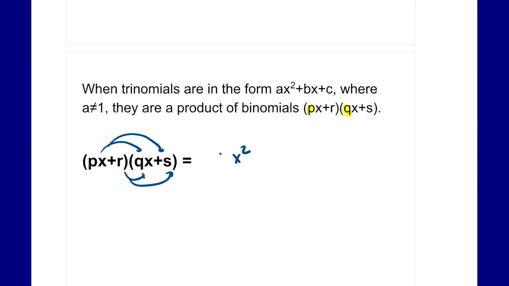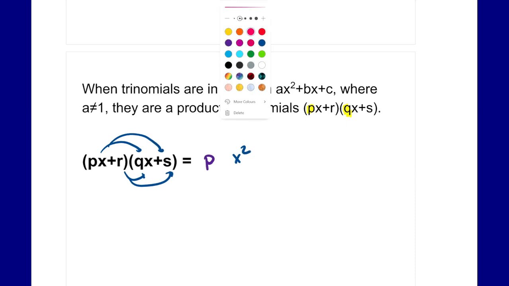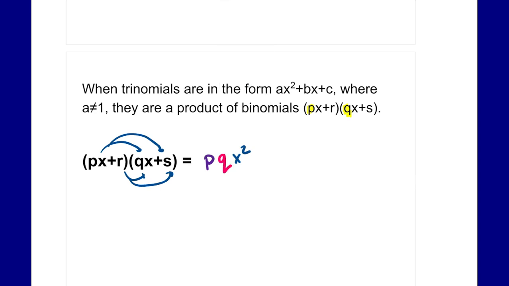We'll kind of color code it. So we'll have p times q, pq, and then x squared.